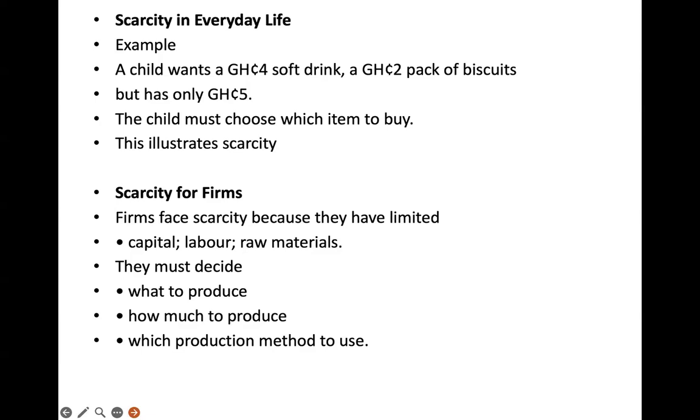Are you with me? I'm saying that firms also face the scarcity problem because they have limited machines, limited workers, limited financial resources. So because of the limitation, they must decide what goods to produce at that appropriate time and how much to produce and what production method to use.